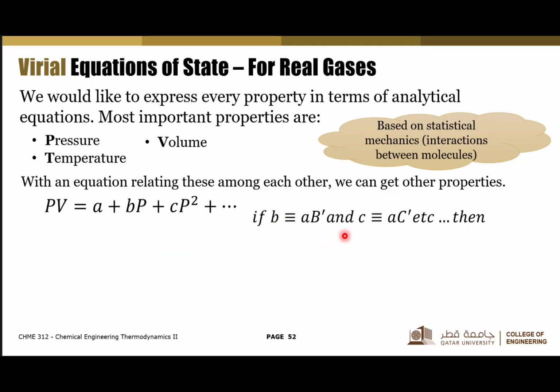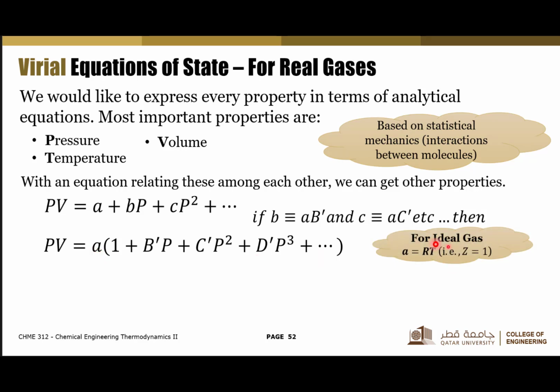Now if we say that B, the second coefficient, is equal to A times B prime, and C is equal to A times C prime, we're using this initial coefficient A in the rest of the coefficients and changing them to primes. So we can plug those in and factor out the A. Then we get PV equals A times this whole bracket. That's Z. And how do we know that?